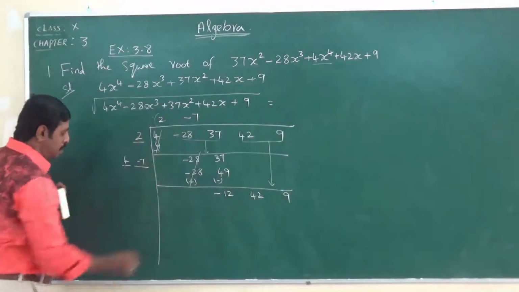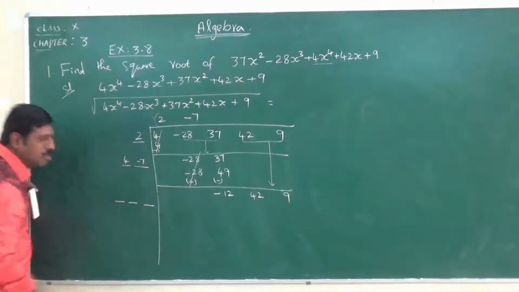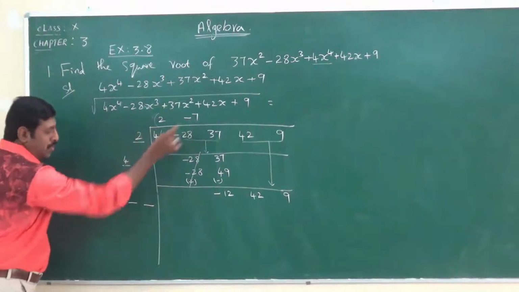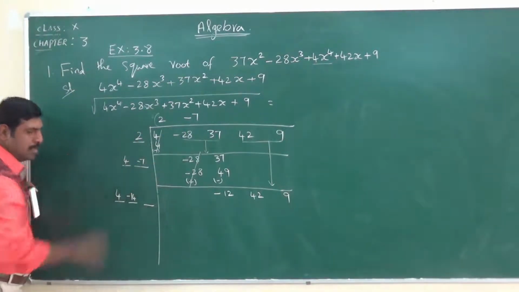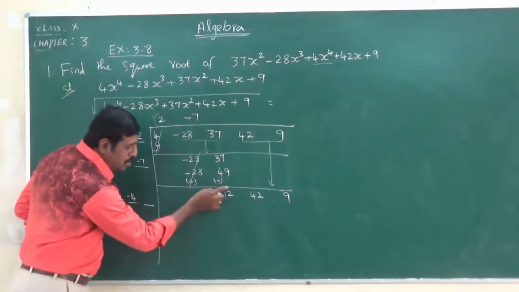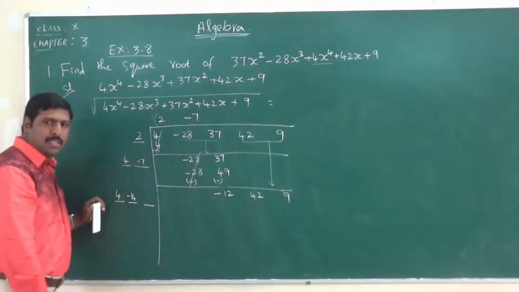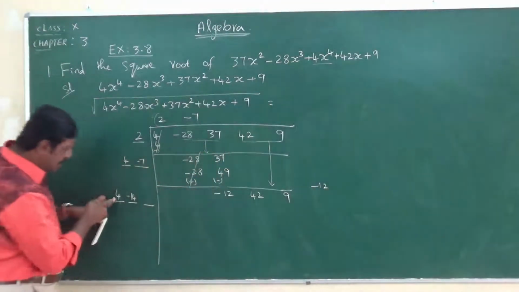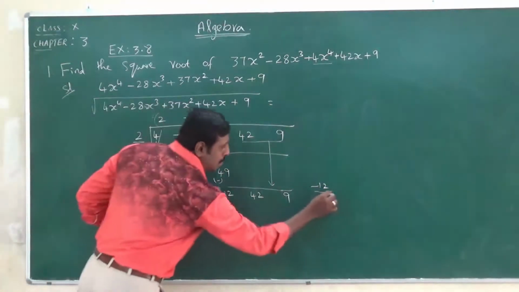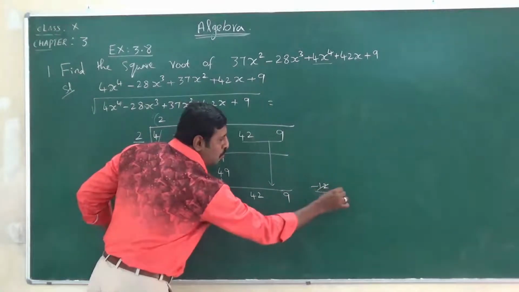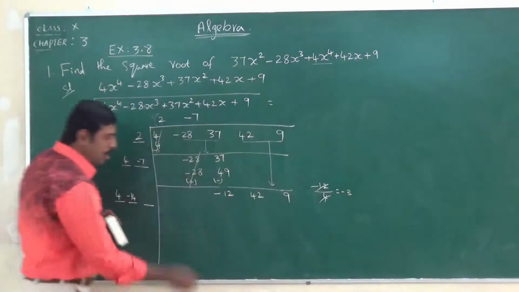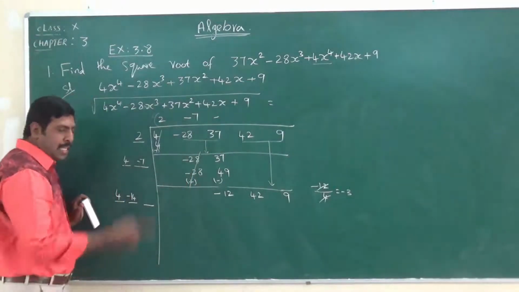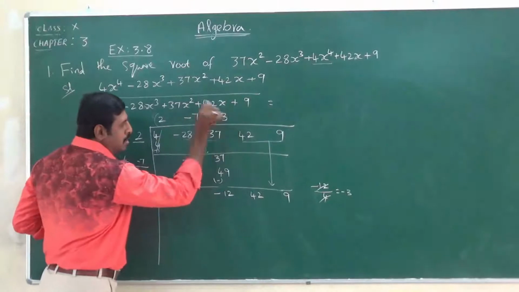Now we have to multiply this term. Here we are going to enter three numbers. The first, 2 into 2 is 4, and 2 into 7 is 14 with the minus symbol. Now here also the same: we want to cancel the minus 12. So choose this one. The first number is minus 12, and here the first number is 4. Divide the terms: 4 threes are 12, so that is minus 3. I already told you, wherever you see the negative symbol here, first put the negative symbol, that is minus 3.